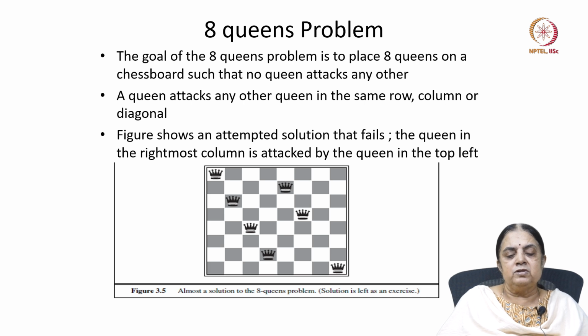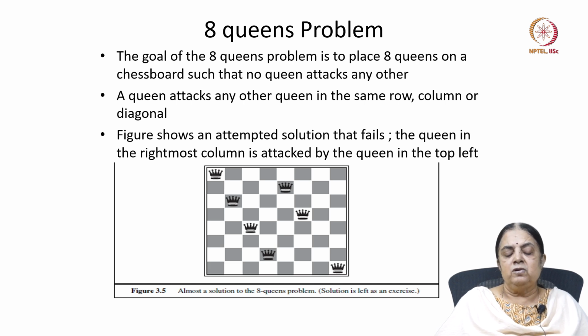Okay, next problem that we consider is what is called the 8 queens problem. So if you have a chess board of say 8 by 8, then you need to keep the queens on the chess board so that no queen attacks any other queen, which means a queen is attacked by another queen if you have another queen in the same row, same column or same diagonal.